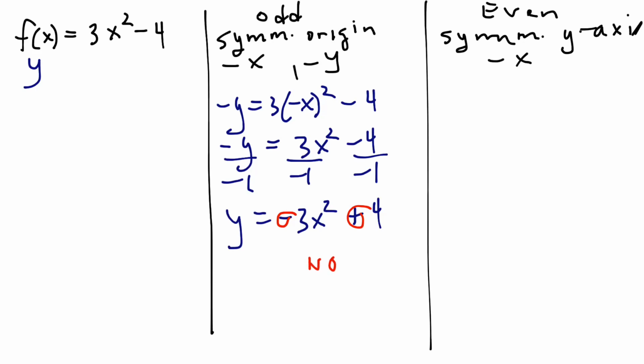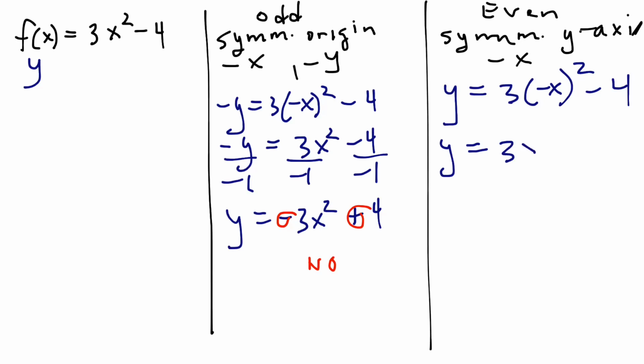Let's check whether it's an even function. That means we're going to leave y just y, and put negative x in for x. So I've got y is equal to 3x squared minus 4. The signs are the same. The equation is exactly the same as the one we started out with. So this one agrees, and we conclude that this is an even function.